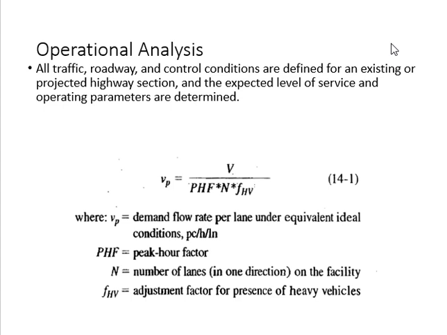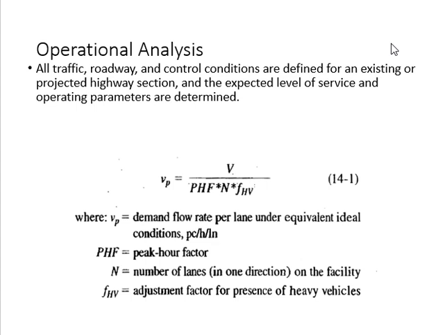It was in vehicles, right? Yes. It became passenger cars. Why? Because of fHV, the factor for heavy vehicles. And then you also divide by N, right? N is number of lanes. So it became per lane. So from vehicles to passenger cars per hour per lane, right?